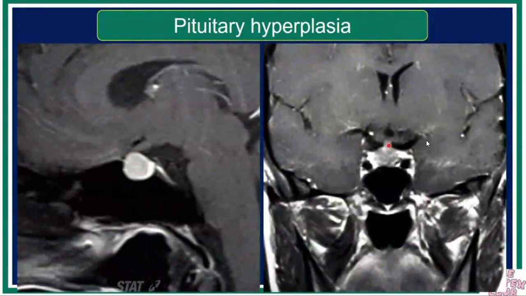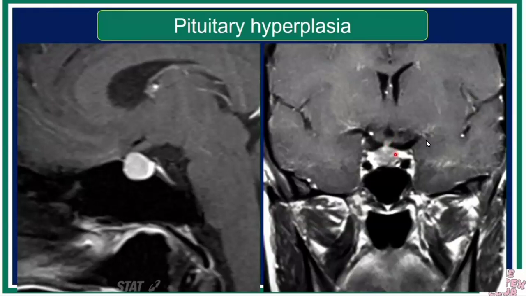If we see a gland that has a convex superior margin, is increased in height from the normal measurements, and has a midline pituitary stalk that is undeviated, in the correct clinical setting of a postpartum female or in hypothyroidism, we should think of pituitary hyperplasia, which is what this is.